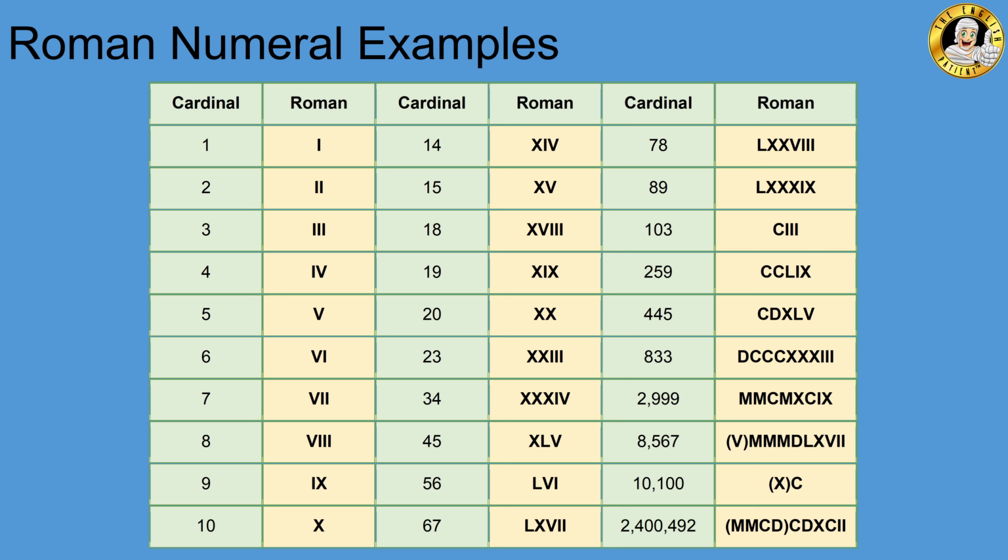So that becomes CD, and that's 400. And then I need 40, which is XL, and then I need the 5, which is V. For 833, I will have D, 500, CCC, that's 800, XXX, that's 30, and III, that's 3.